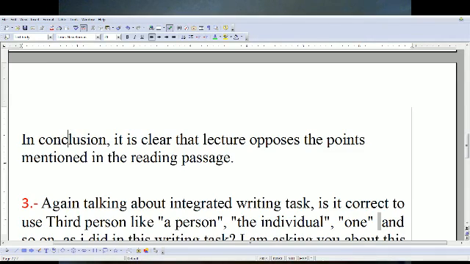So in conclusion, it is clear that the lecture opposes the points mentioned in the reading passage. So if you don't have a lot of time for the integrated writing, what I'm trying to say is, maybe just have a short conclusion there.